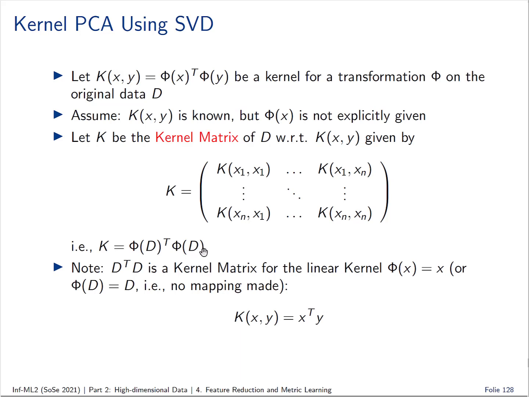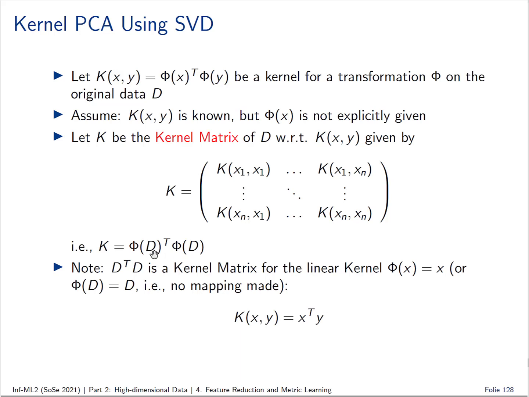That's actually what happens in the kernel matrix. So k of x1, x1 is nothing else but phi of x1 transpose times phi of x1. And k of x1, xn is nothing else than phi of x1 transpose times phi of xn. So the kernel matrix is nothing else than this one here.